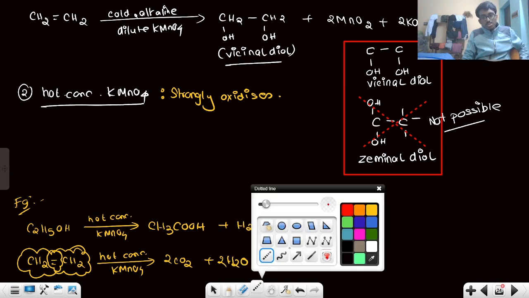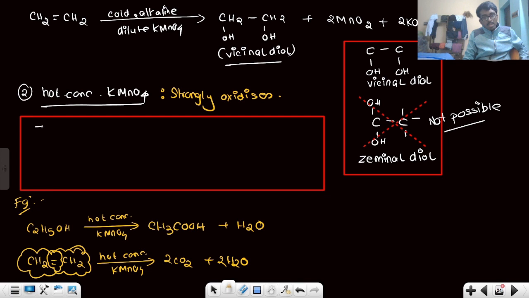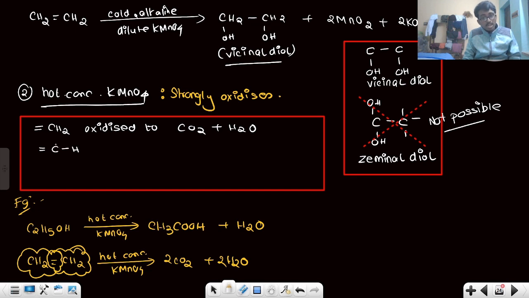Let me first get a box. Where did the box go? Double bond CH2 is oxidized to CO2, and whenever CO2 is formed, water will also form. So CO2 plus water. If it is double bond CH and there is an R, then it is oxidized to RCOOH.